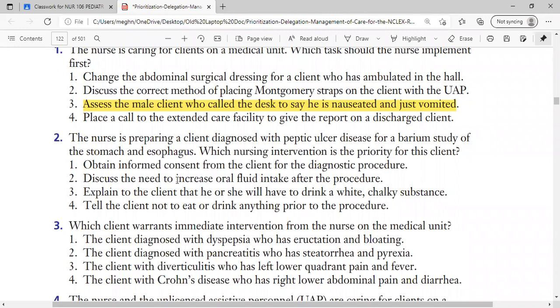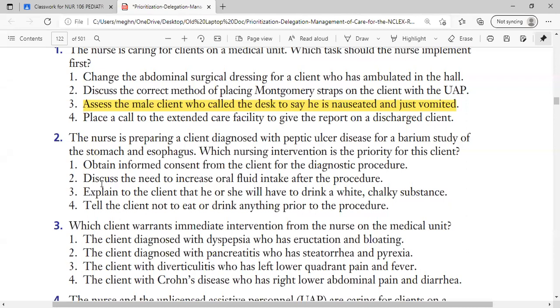Number one, obtain informed consent from the client for the diagnostic procedure. Number two, discuss the need to increase oral fluid intake after the procedure.